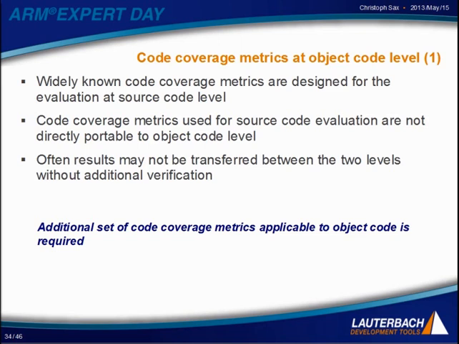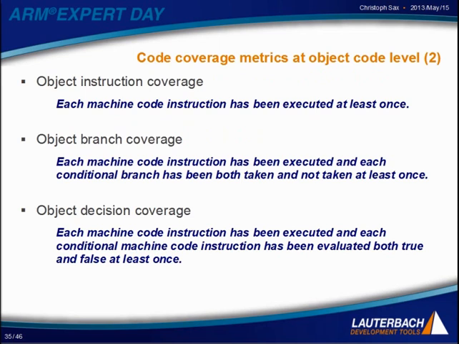That's not possible in all cases. And the second problem is that you cannot transfer results between the 2 levels without additional verification. That's why it is suitable to introduce a second set of code coverage metrics which are specific for the object code level. We have object code instruction coverage, which is quite similar to statement coverage.